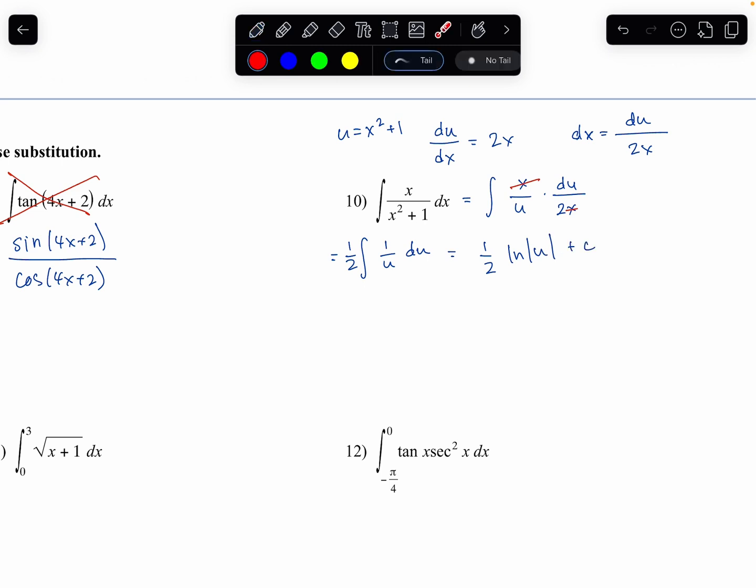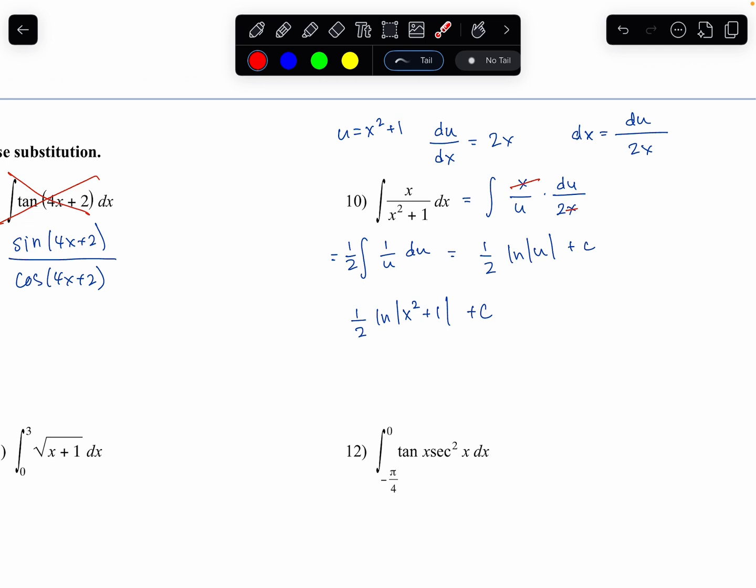And we can undo our substitution. So u is x squared plus 1. So 1/2 natural log of x squared plus 1 plus c. And again, the good thing is that it's always easy to check your work because derivatives are easier, right?